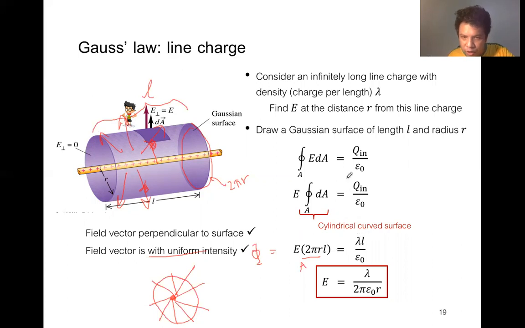And then for Q in, it can be written in terms of the charge density times the length, because the charge density here is already the charge per length. So the charge Q in can be written in terms of lambda L. And finally, we can find that the electric field E can be written in this term.